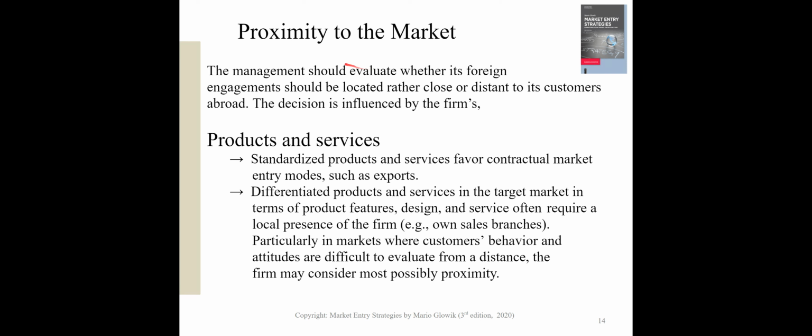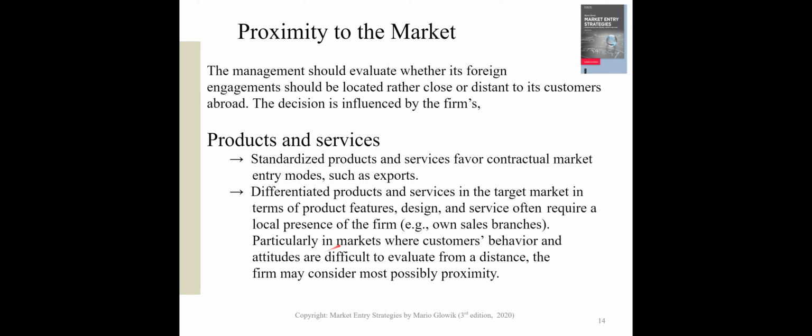And this decision concerning the proximity to the market is influenced by, for example, the firm's products and services. Standardized products and services favor contractual market entry modes such as exports or franchising, and differentiated products and services in the target market in terms of product features, differentiating design expectations of the customer and service expectations often require a local presence of the firm, for example, through own sales branches.